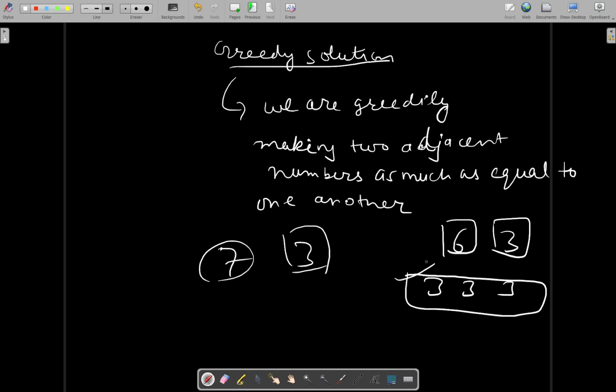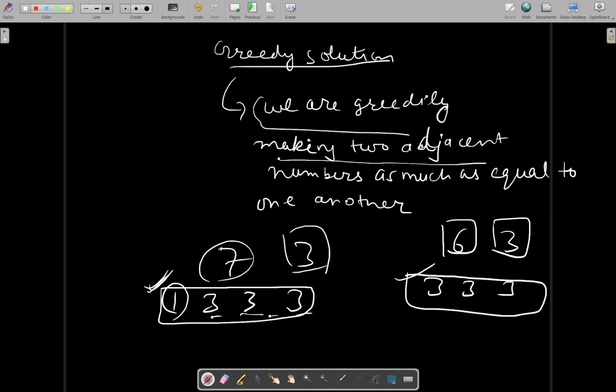So in this case, equal numbers would have been generated, but in the other case, equal numbers will not be generated. It will be something like this. So we are making two adjacent numbers as equal as possible. These are equal, but this is not equal. We cannot do anything about it. So this is what I mean by making two adjacent numbers as equal as possible.